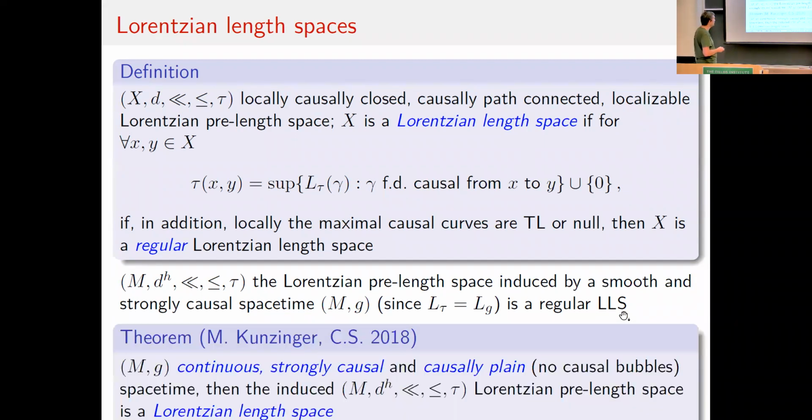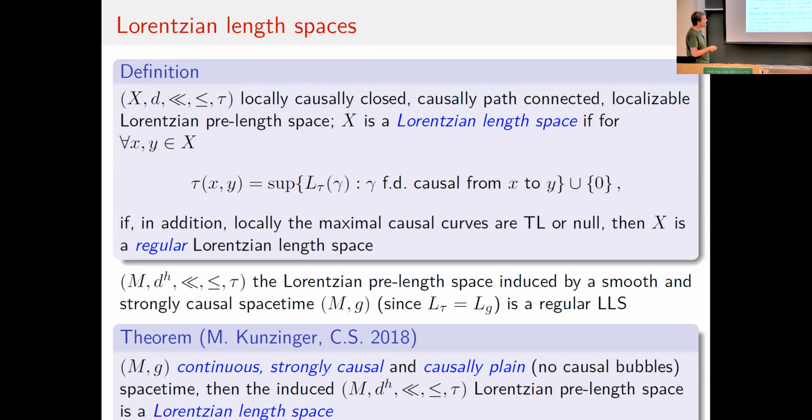And our main application was to continuous spacetimes. So if you have a continuous spacetime which is strongly causal and causally plain. Sorry, I didn't explain strongly causal. This means that there are no almost closed causal curves. So there is no sequence of curves where the endpoints converge to each other. In particular, there is no closed causal curve, but also no sequence of causal curves where the endpoints converge.